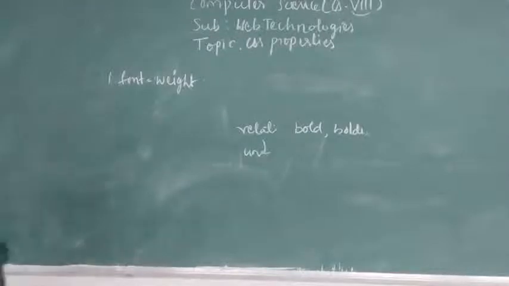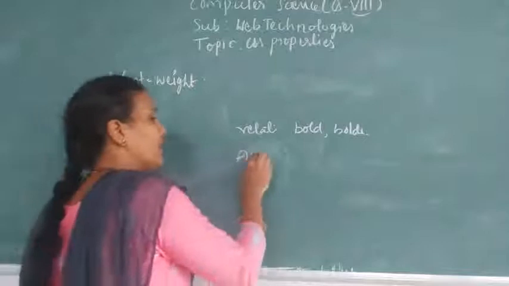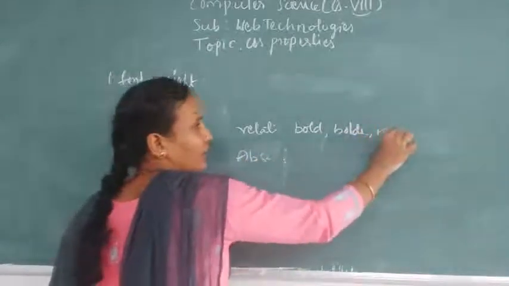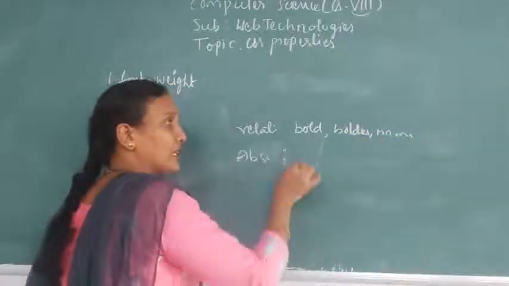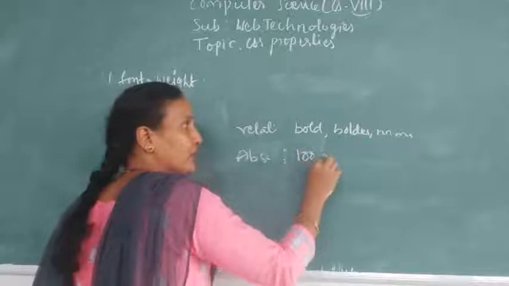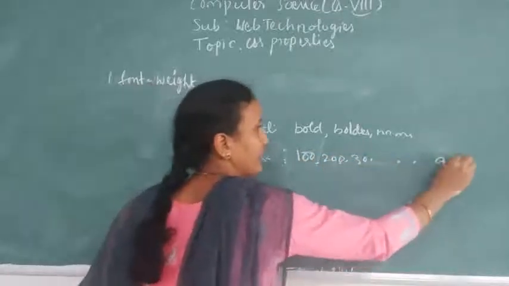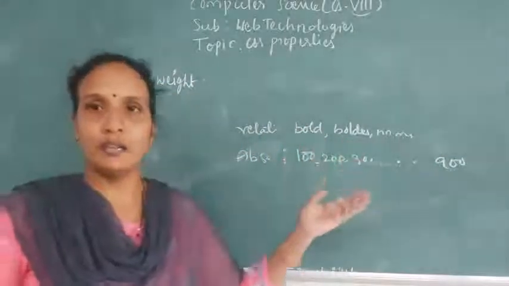It will come under absolute. Normal or bold you can get, normal by default. Next you can give values from 100 to 900. The highest thickness of a character is by using 900.